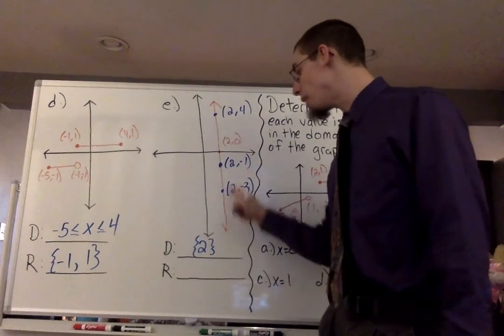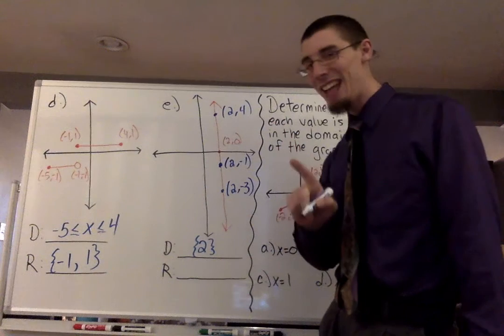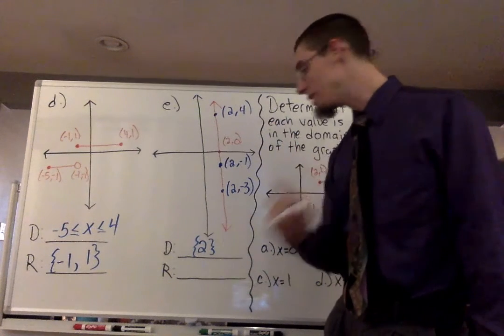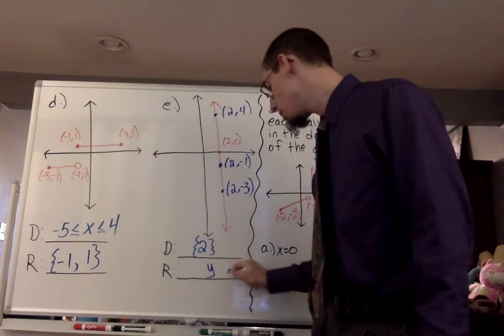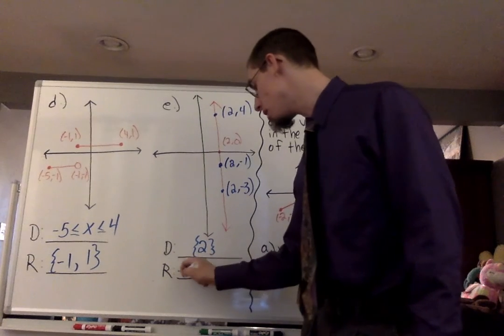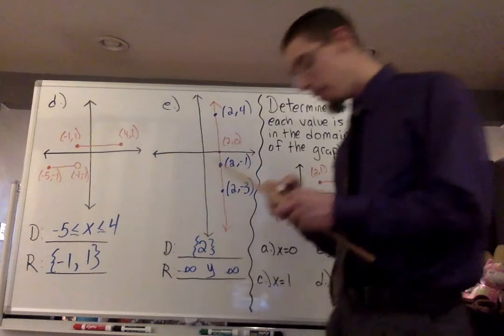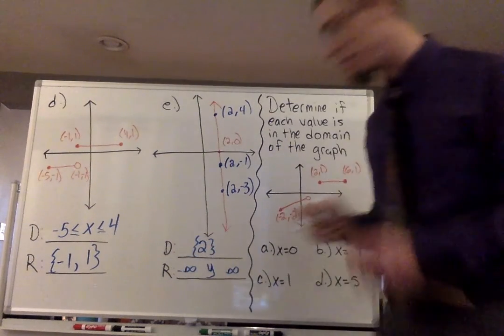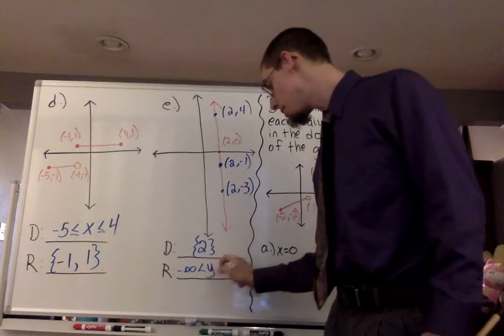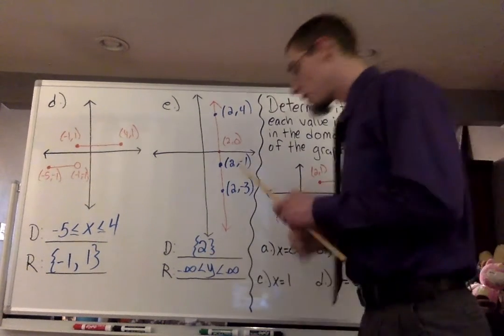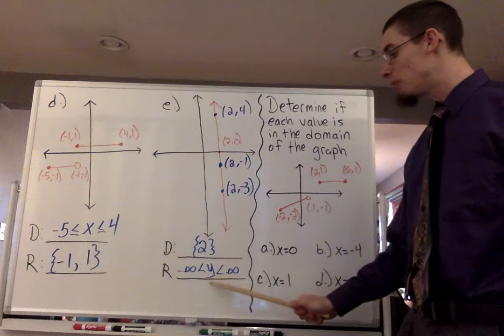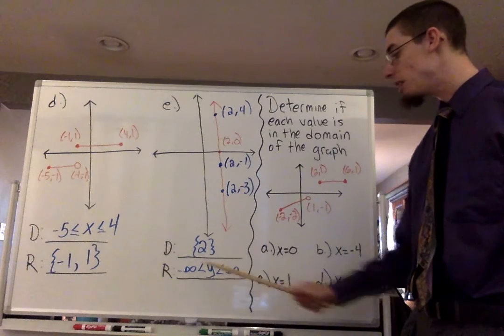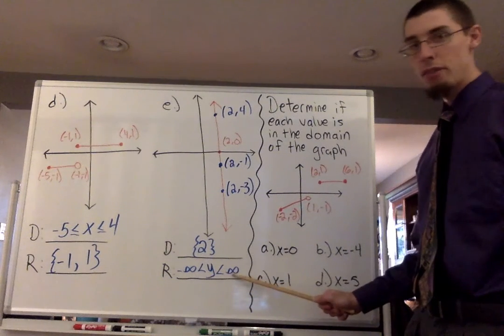Since the y value could be anything, what I do is I say this. Y is in between negative infinity and positive infinity. Look at this. Y is between negative infinity and positive infinity.